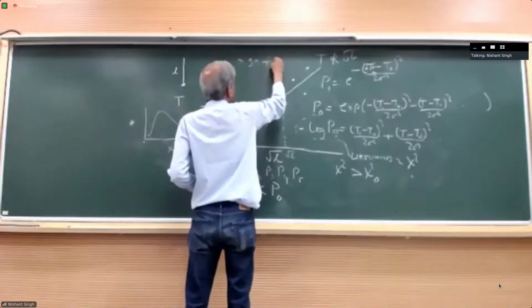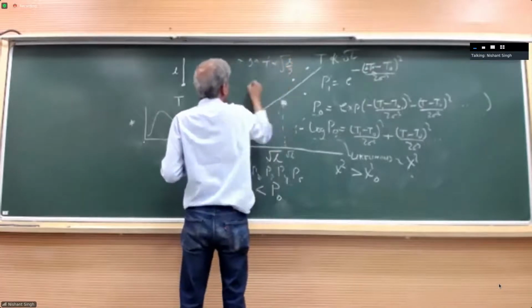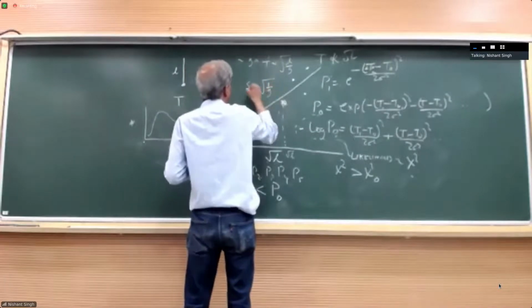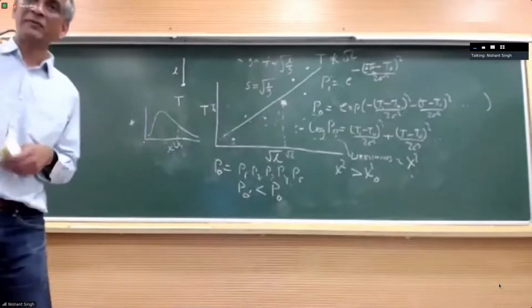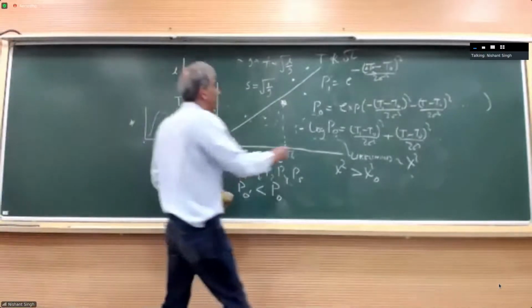So t was proportional to root L by g. So the slope of this line is square root of 1 by g. So the idea was to find the slope, and from this slope you find what g is. We haven't even come to that. That is called parameter estimation.